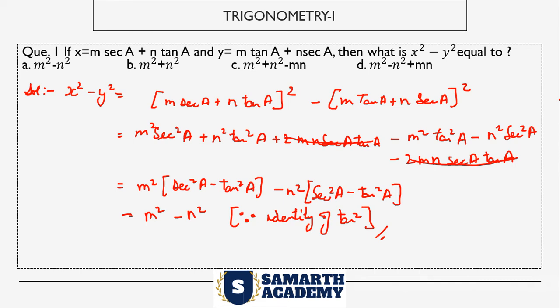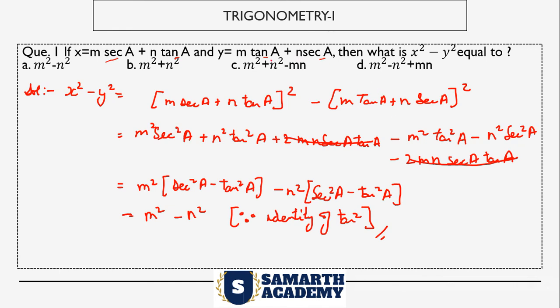Let's simply start by solving this. X square minus y square is equal to, we put in the values given in the question, m secant a plus n tan a, and for y it's m tan a plus n secant a. We open the equation and get m square secant square a plus n square tan square a plus 2mn secant tan.